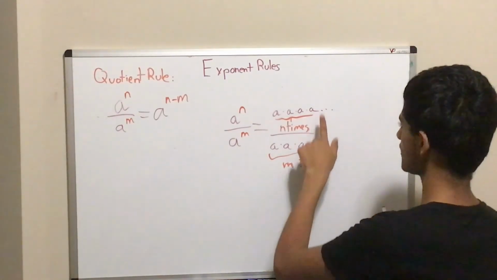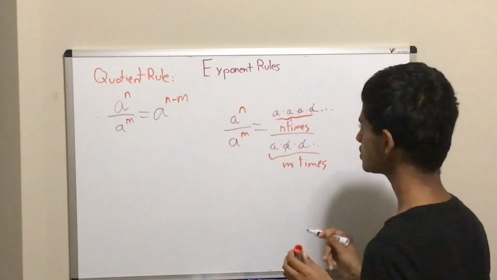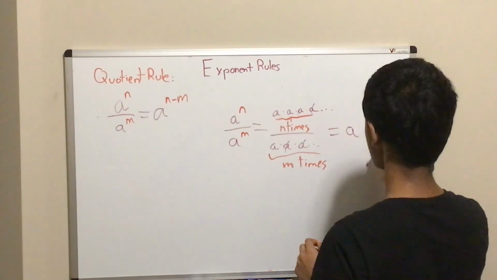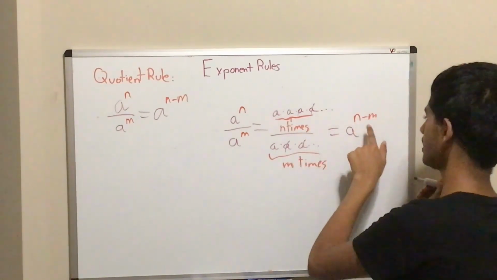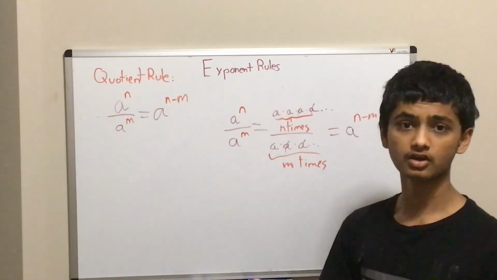So we see here that we can start cancelling. We saw this before, that we can cancel these terms. And eventually, what we're left with is a to the power of n minus m, top minus bottom. And it's okay if the exponent is negative, because we'll learn how to deal with negative exponents later on.